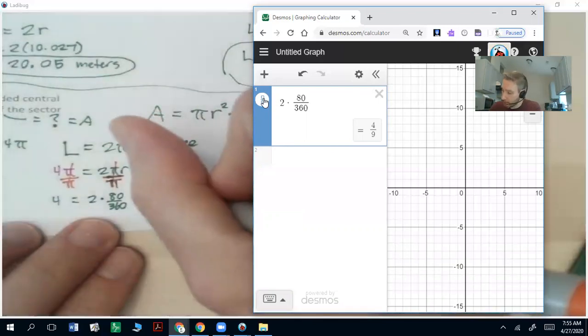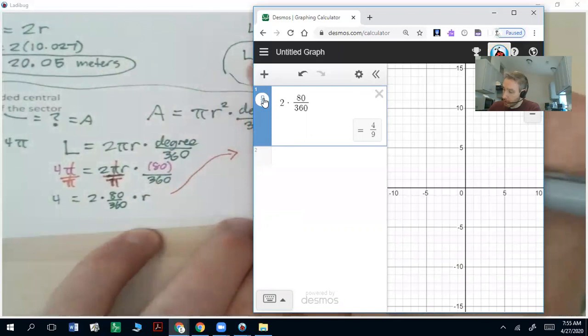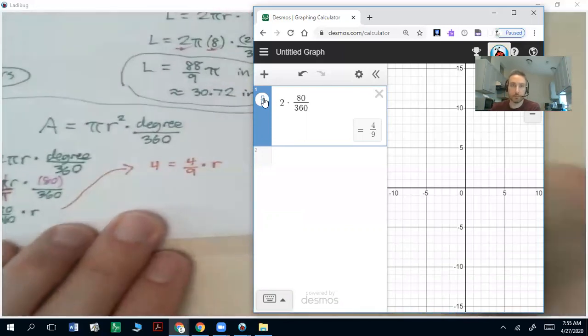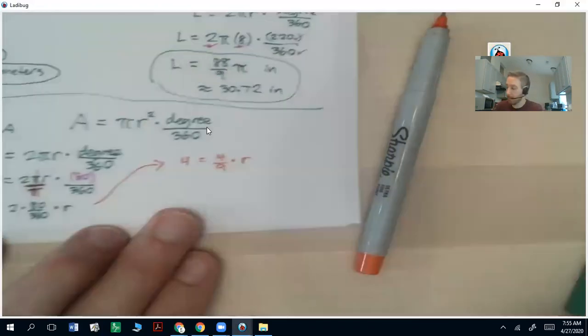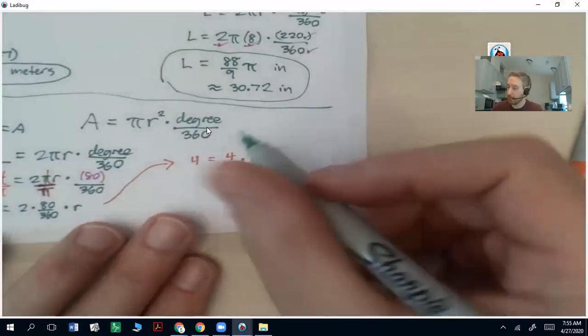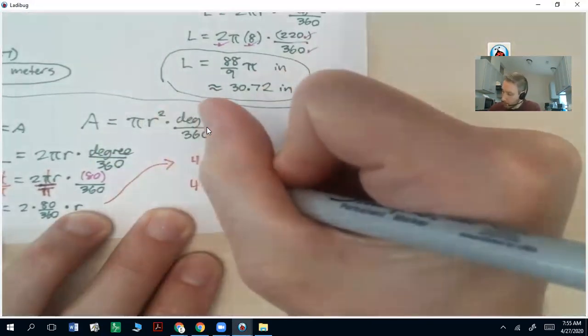So let me move this over here for a sec. We have 4 equals 4 over 9 times the radius. Okay, so a little bit easier to work with. So now at this point, you can solve for r by just multiplying both sides by the reciprocal of that. So I can say 4.